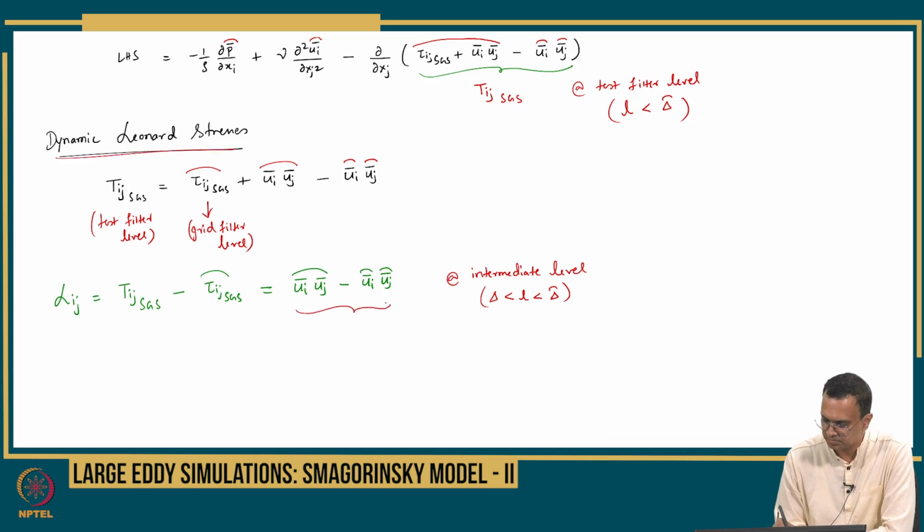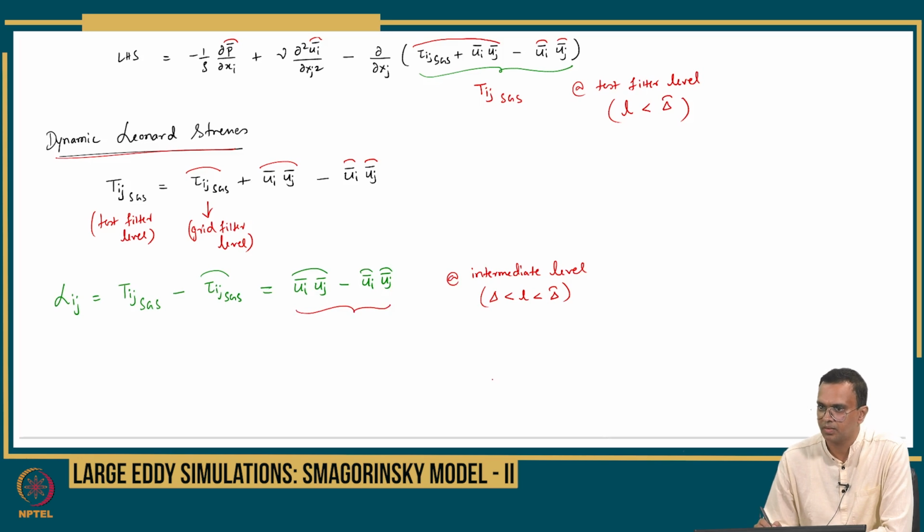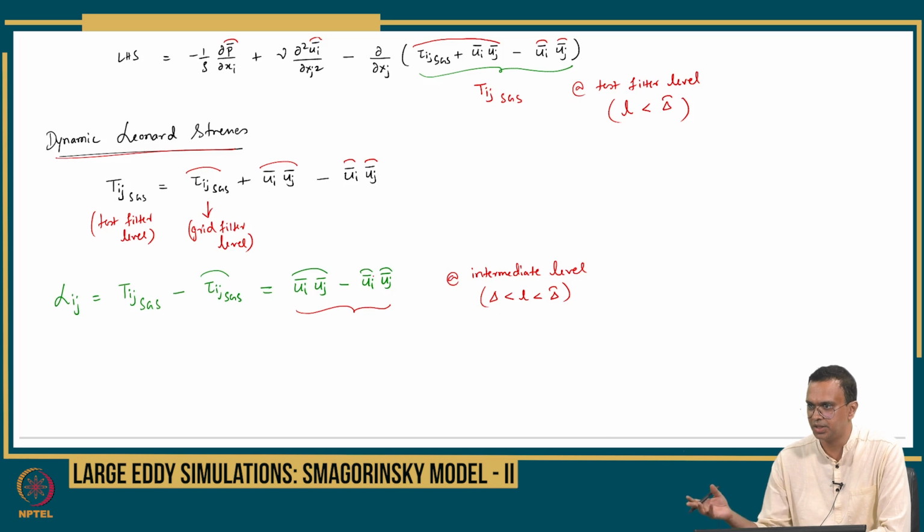Look at this term. Is it an unknown or is it known for you? It's known, right? Eventually in the LES you are computing the velocities at the grid filter level, right? And then you are making one test filtering operation, let's say at every time step. You are stopping the simulation, doing test filtering, and then time marching again.